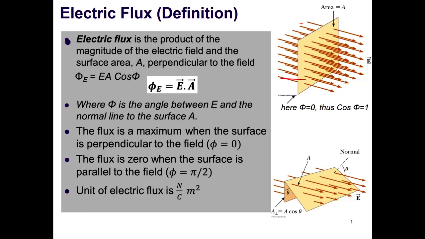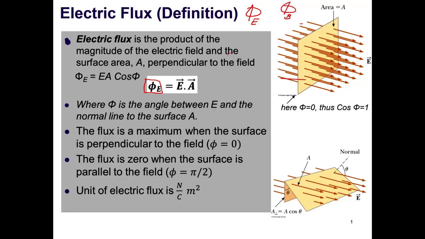For some of you, maybe this is the first time that you encounter area as a vector, but I'm going to explain this. The symbol used for electric flux is phi sub E. Later on we will talk about magnetic flux, which will be phi sub B, but this is something we will do maybe after midterm.